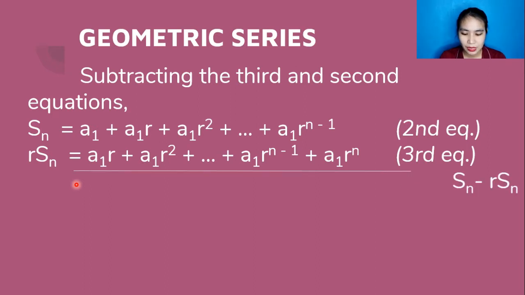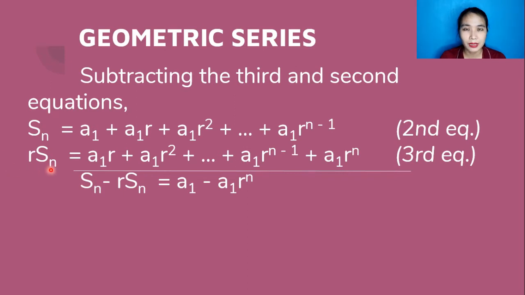So again, we have S of n plus negative r S of n, we'll just copy. So we have S of n minus r times S of n. A sub 1 will just be brought down, and then we have a sub 1 times r plus negative a sub 1 times r, so it will be cancelled.